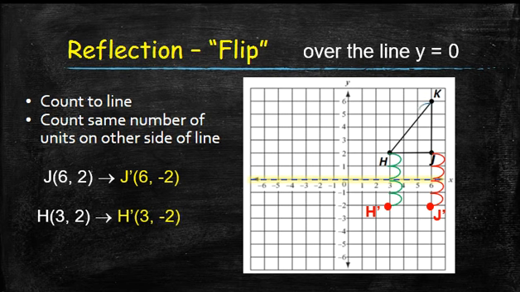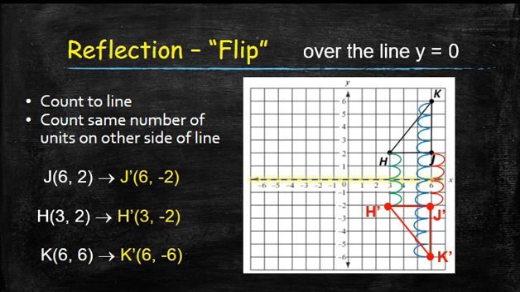Repeat again for K. Count to the line. I go down 6, and I count on the other side of the line. Again, 6. So my new point, K prime, is at 6, -6. You can see from the triangle that we have flipped it over that line. So it is a reflection.